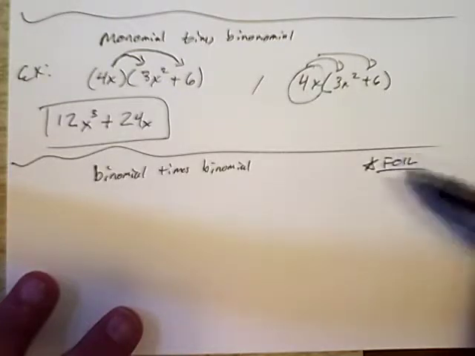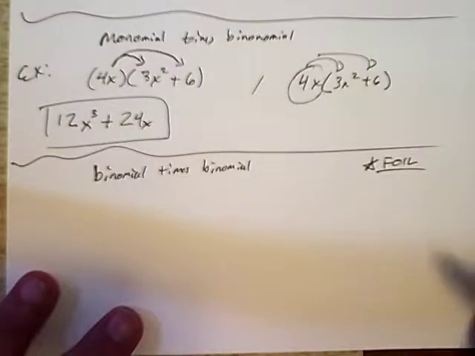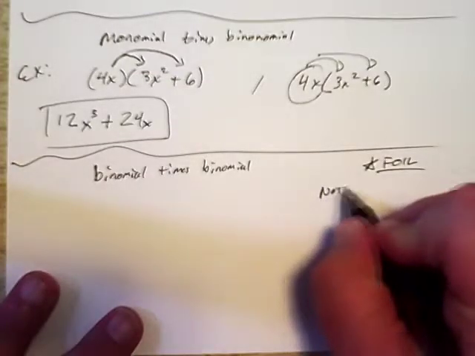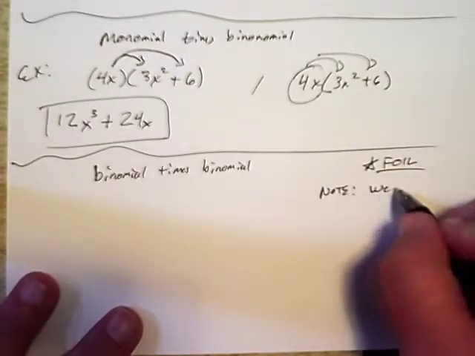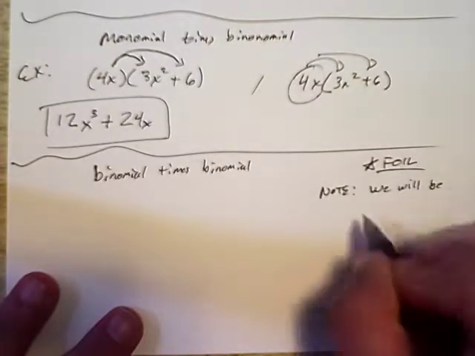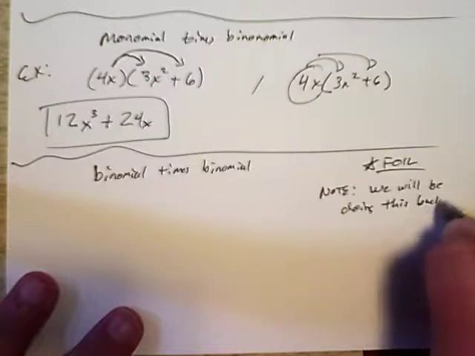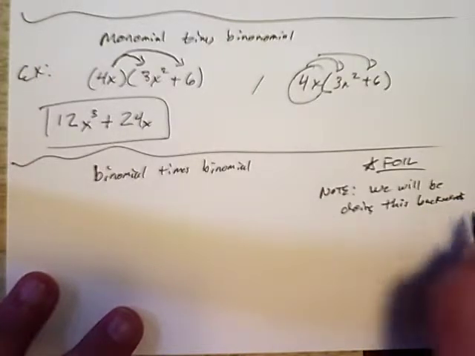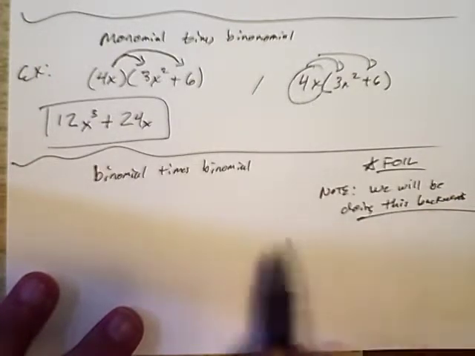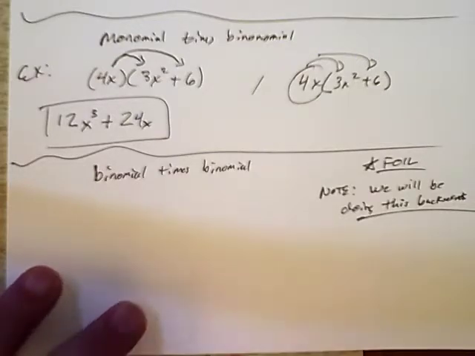I'm going to try to shy away from FOIL because it might mess up some things later on. But as we do this, note, we will be doing this backwards. So once we multiply these, in a few videos from now, we're going to start undoing this and going backwards.